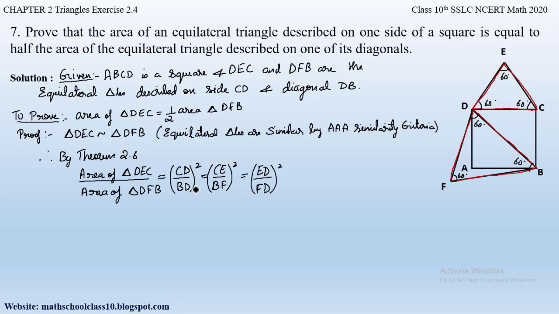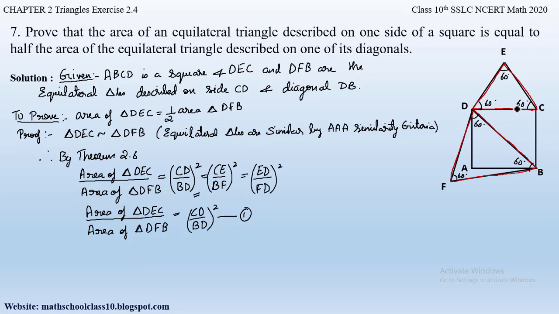So we will take this side CD by BD. So write down: area of triangle DEC by area of triangle DFB is equal to (CD by BD) the whole square. Let us name this equation 1.